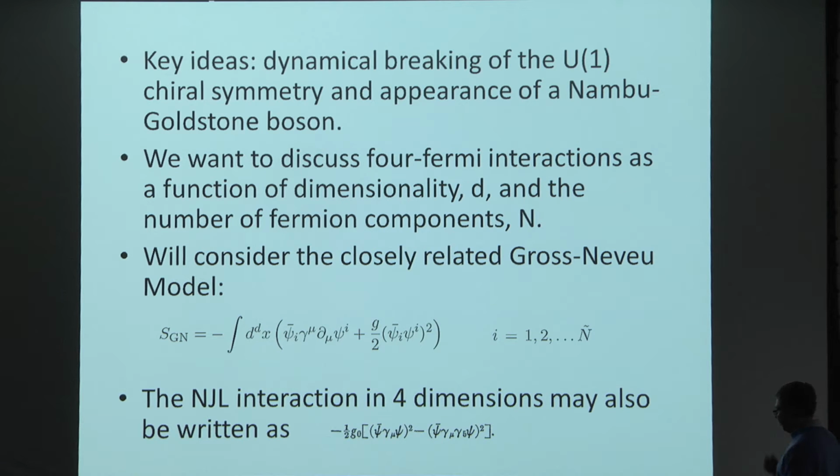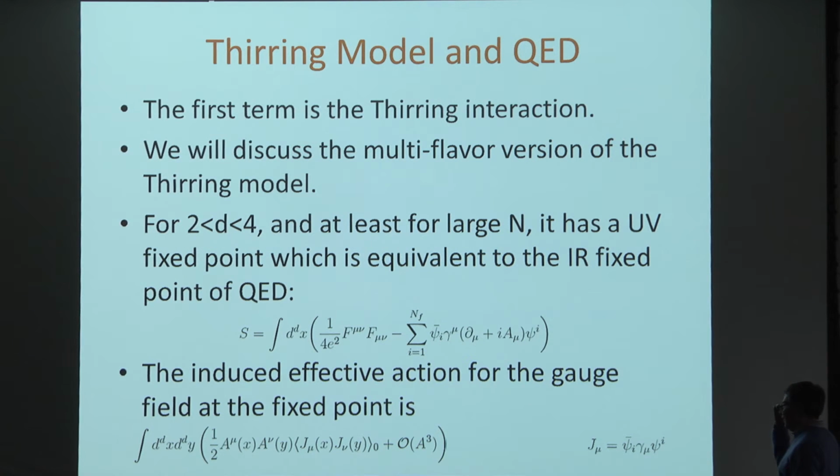There is another way to write the Nambu-Jona-Lasinio interaction using the extra gamma mu. The first term is just the Thirring model. So we will also discuss another interesting dynamical model, the Thirring model, which turns out to be related to QED. The UV fixed point is a little more complicated, but at least for large N, the UV fixed point of the Thirring model has a UV completion, which is just a QED theory.